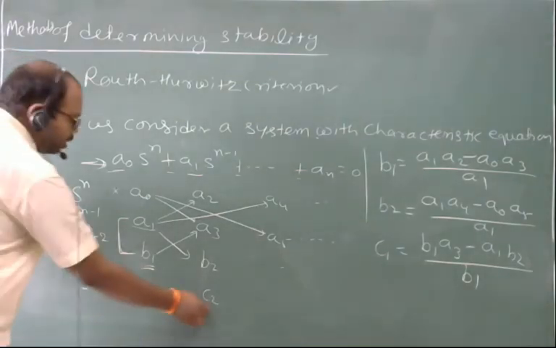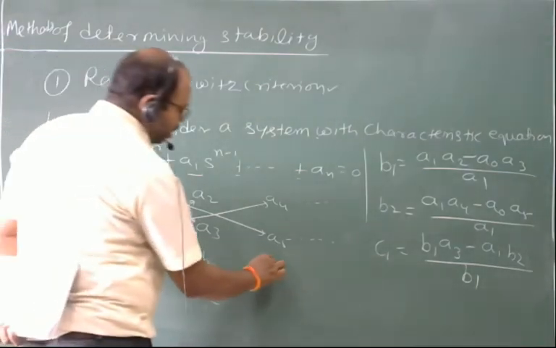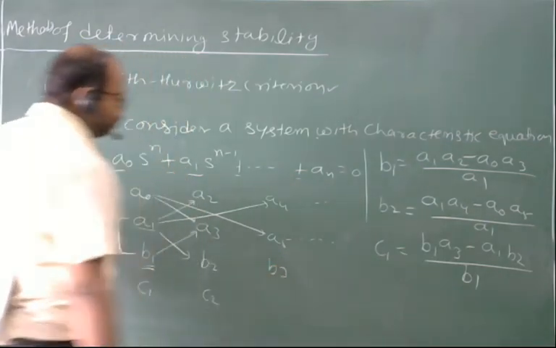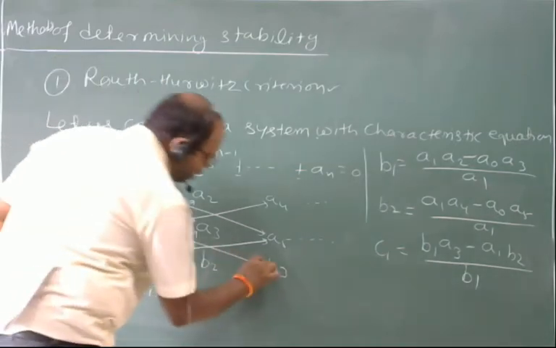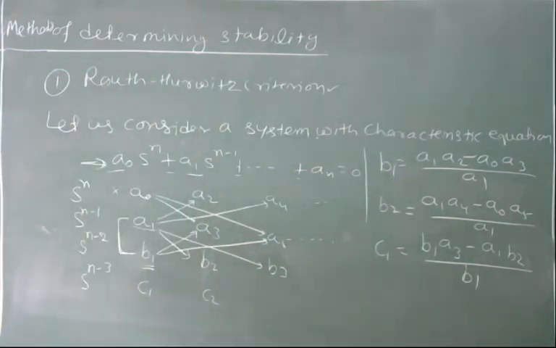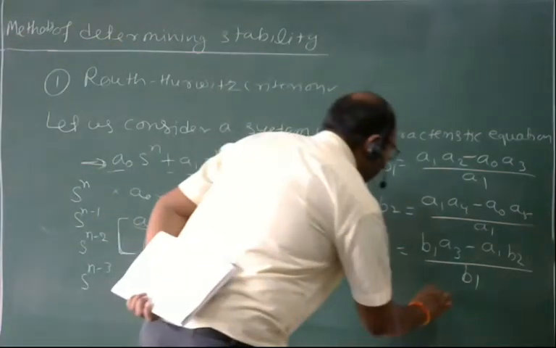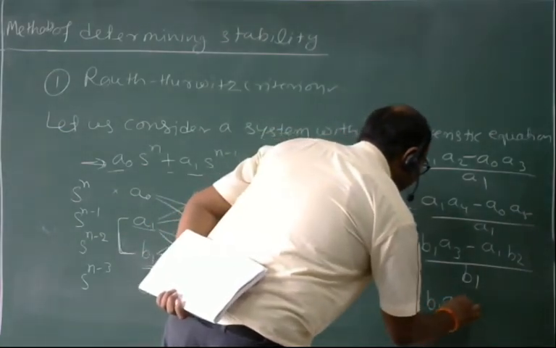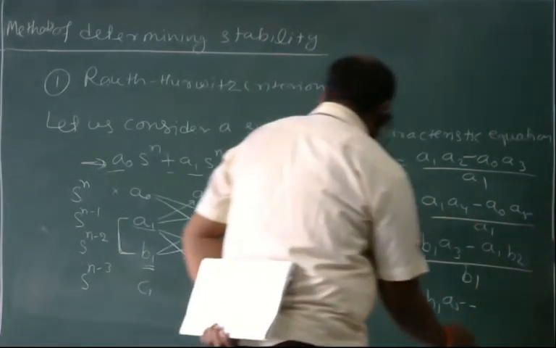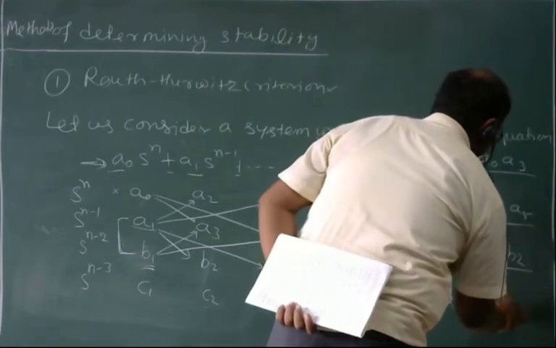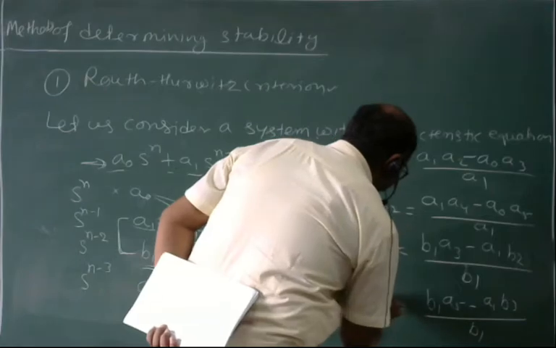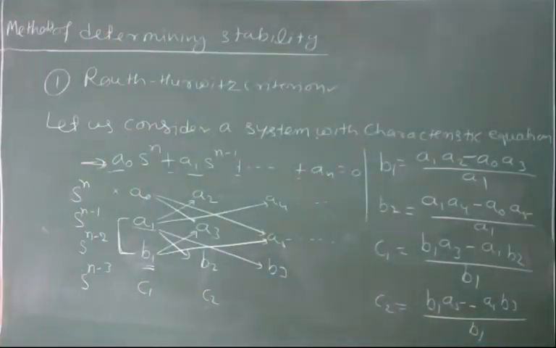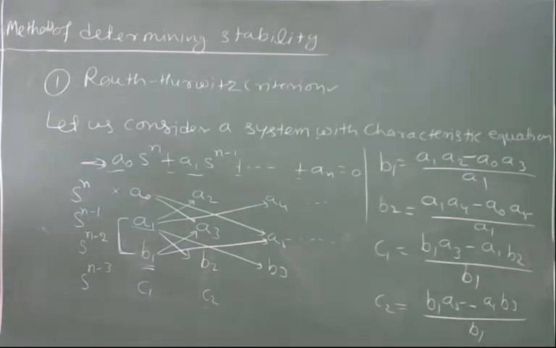And what about c2? If here I am having b3, then b1 a5 minus a1 b3 divided by b1, and let us name it c2, and so on.